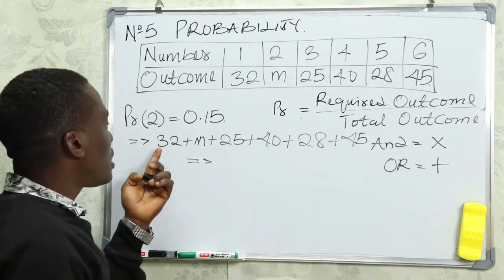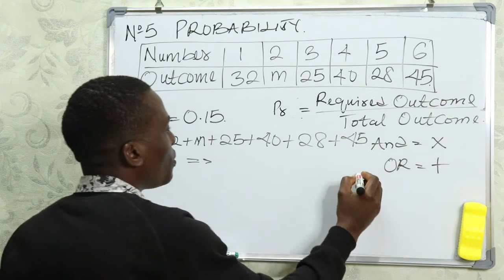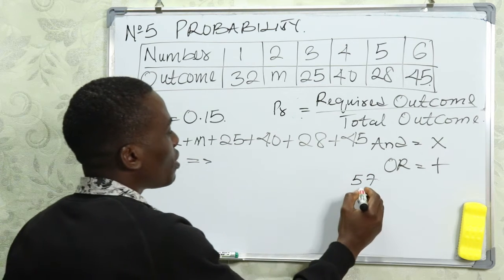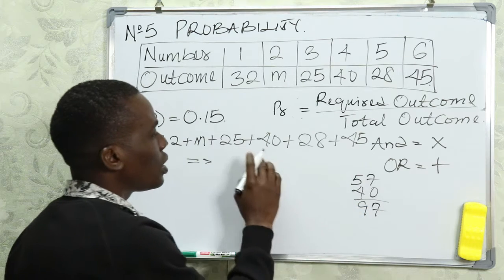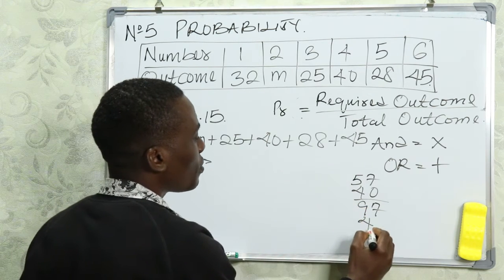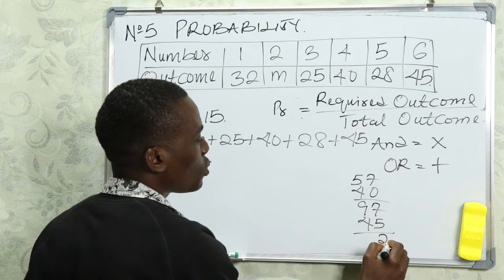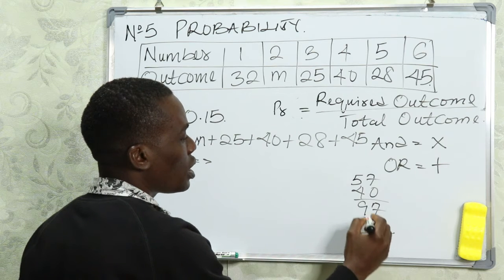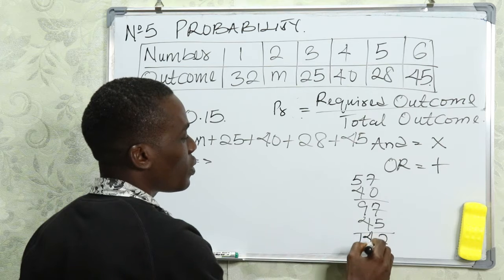If we add this, 32 plus 25 will give us 57. 57 plus 40 will give us 97. 97 plus 45 will give us 142.